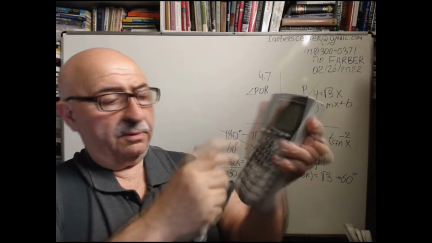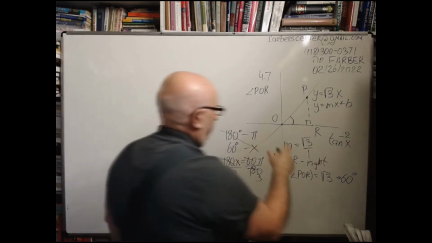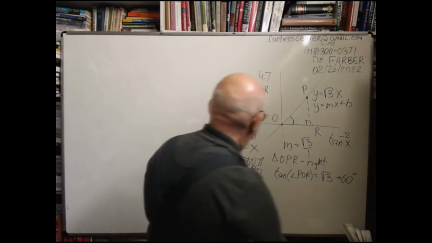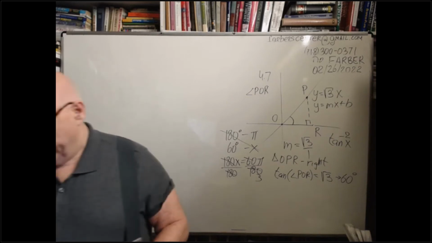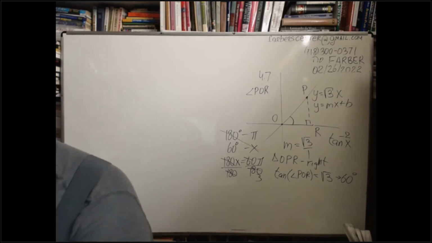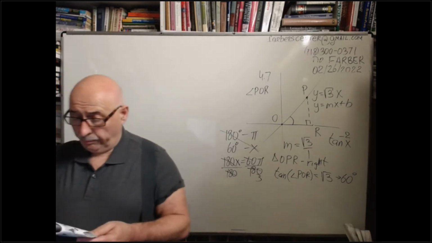Second, 10 to power negative 2, and this equals square root of 3. The system gives you pi over 3 instantly. Up to you. Any questions, students? Okay.